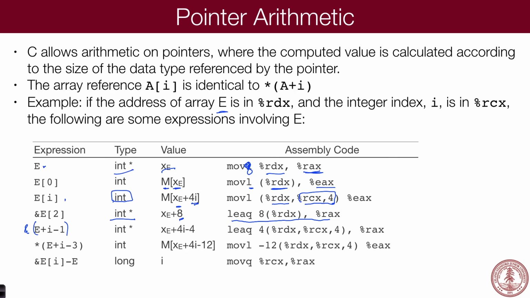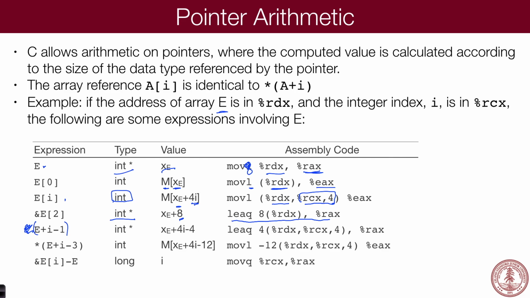This is what's in the array. Then you would have to do a move instead of an LEAQ in that case, right? You'd have to do the move instruction because you want to access the value. Good.